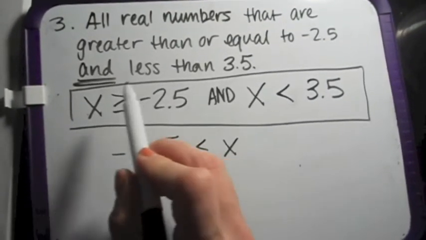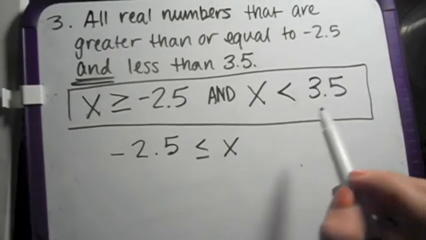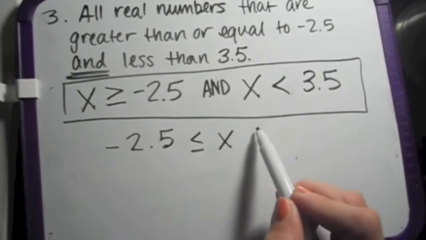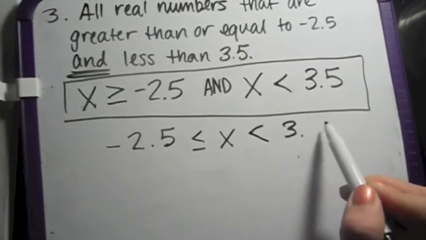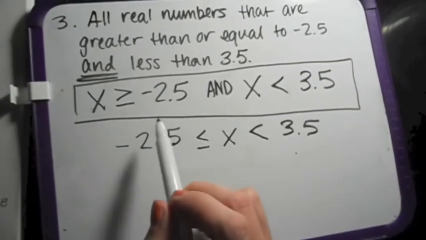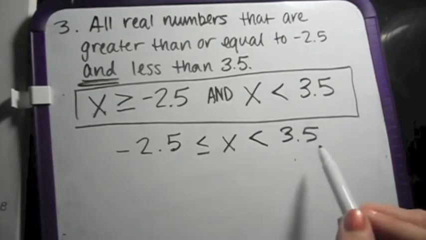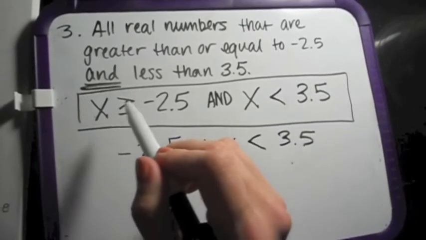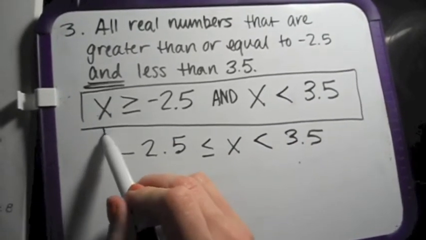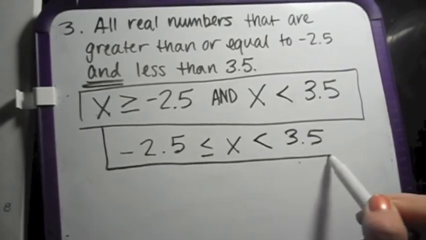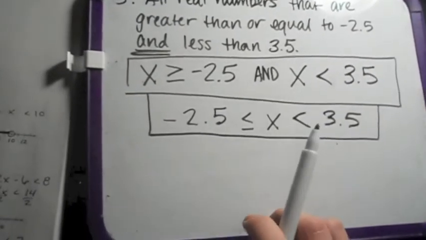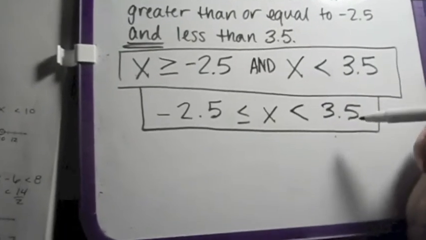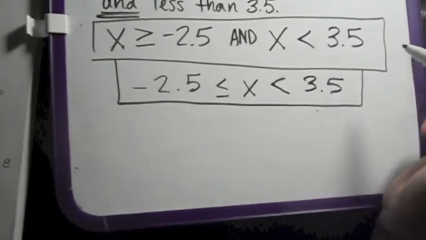Now I'm going to combine this inequality with this one because now this x, I can just say, well, that same x must be less than 3.5. So you're going to see inequalities written like this that really can just be broken up to look like that. So we're going to be graphing these equivalent inequalities. I say equivalent because they mean the same thing. Okay, moving on. Let's get the graph.